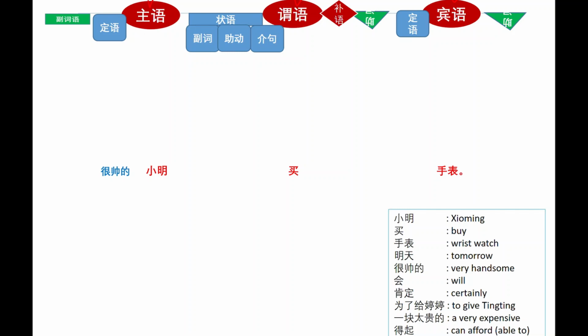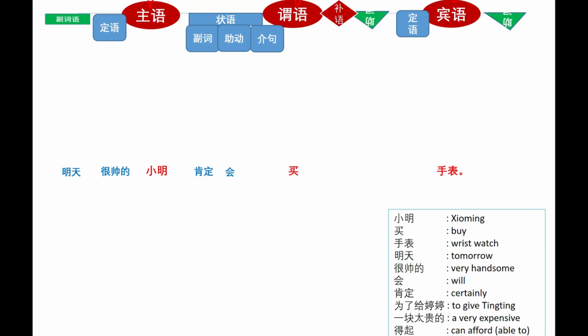Now the adverbial word modifying the whole sentence: 明天, tomorrow. So the auxiliary verb 会, will or shall, comes together. Right? Could you read it again? 明天很帅的小明会买手表. Next, add the adverb 肯定, meaning certainly. Could you read it again?